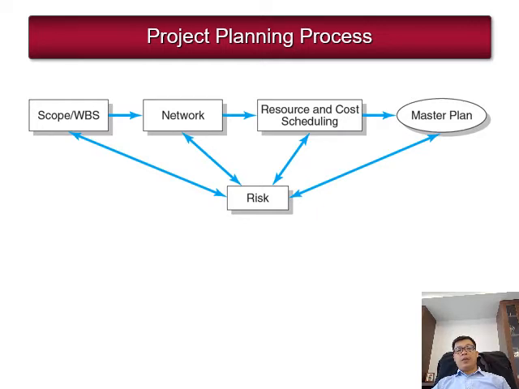We create the network, and now we come to resource and cost scheduling. This is the original structure, the WBS, and the network, where we can see the time. Now we create the resource schedule, and finally we create the master plan. However, in each step of the planning process we associate the risk, like we studied in chapter 7. So every step has risk.